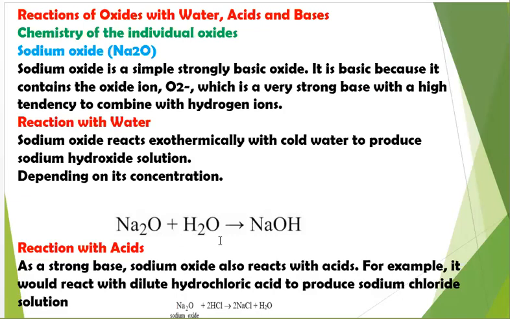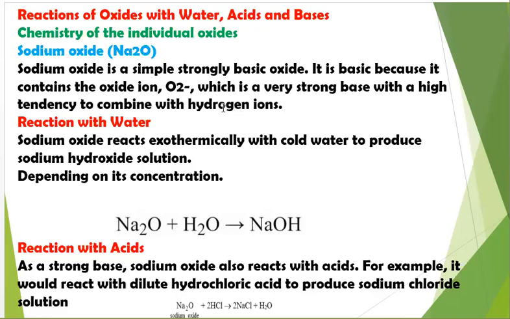Now the question is, why is sodium oxide basic in nature? It is because it contains the O2- ion, which is a very strong base with a high tendency to combine with hydrogen ions. The oxide ion is strongly basic because it easily accepts hydrogen due to its negative charge, and they produce OH- ion.